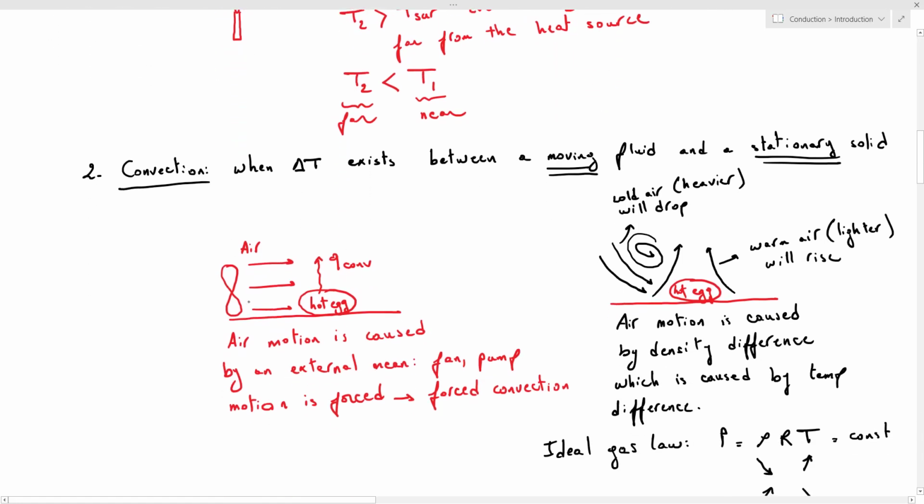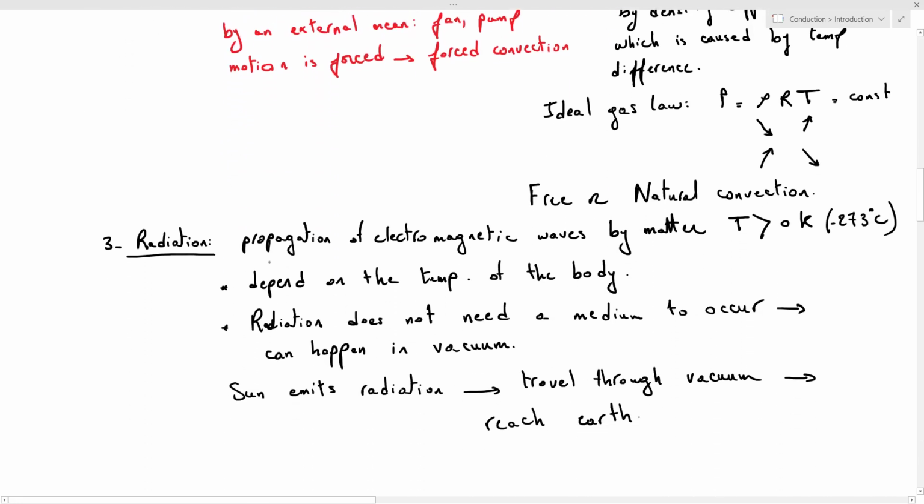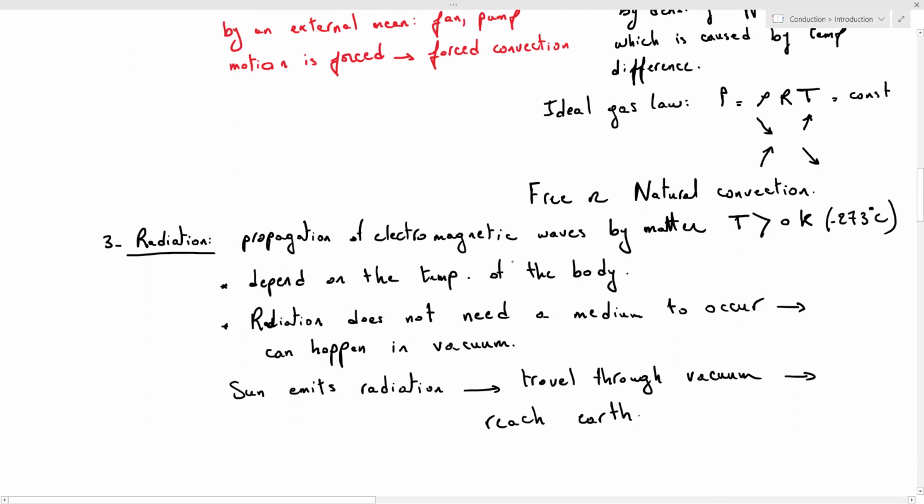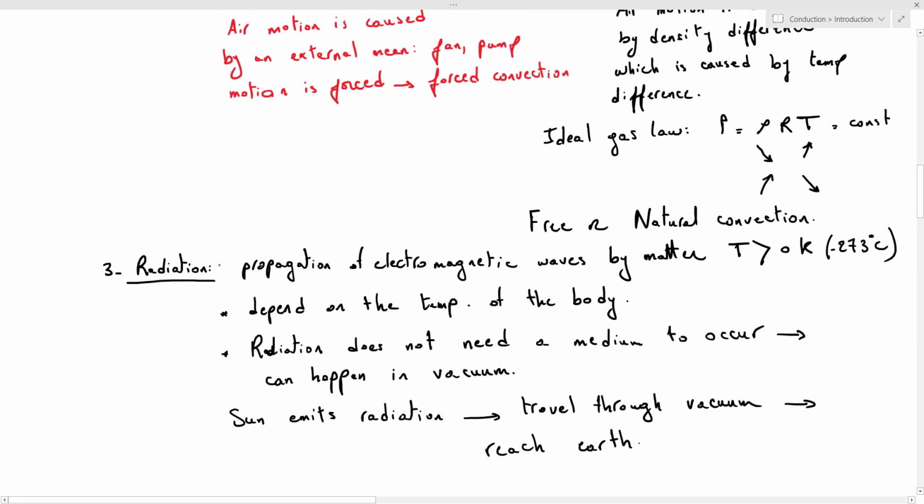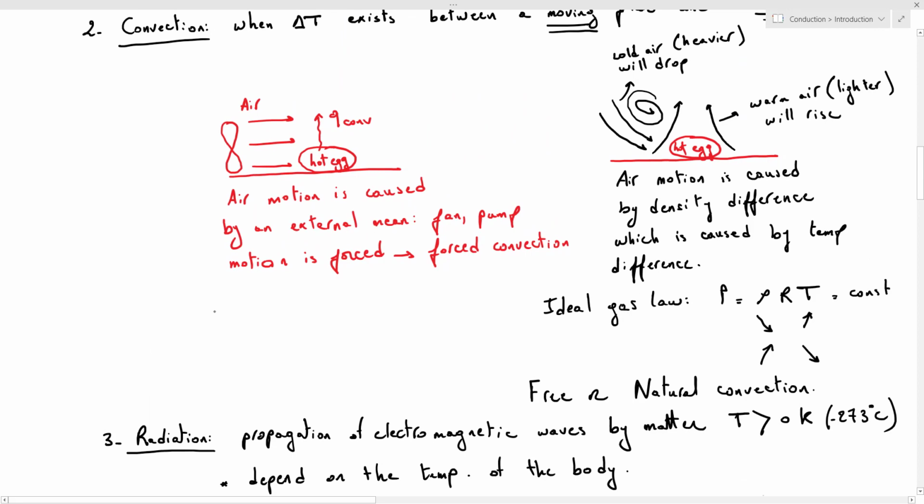Convection, between a moving fluid and a stationary solid. And radiation is the propagation of electromagnetic waves, and it does not require any medium to occur. It can happen in vacuum. In the second video, we'll talk about each mode, conduction, convection, and radiation in more details.